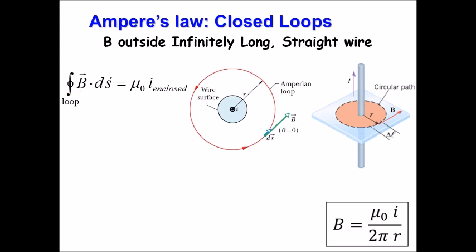B is tangent to the Amperian loop, and ds is tangent. The angle between them is theta equals 0, so the scalar product is just the integral of B ds. Most of the time in Ampere's law, that's what the circulation is equal to: mu 0 I enclosed.